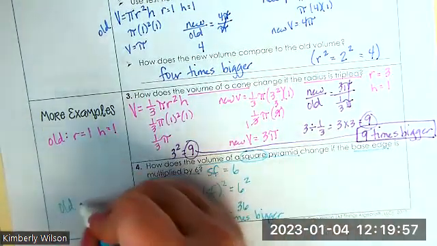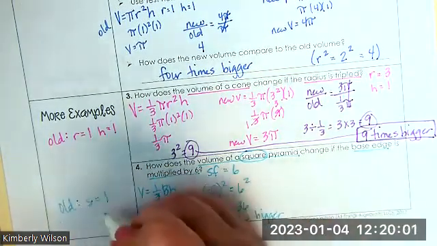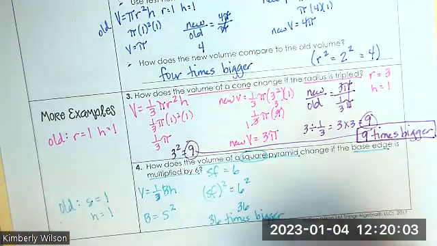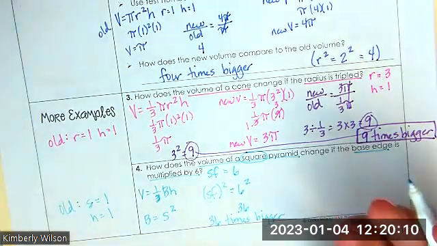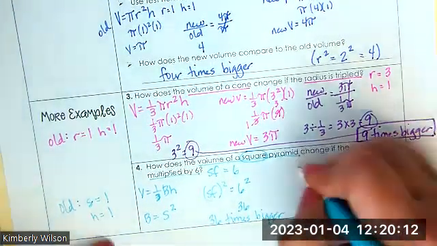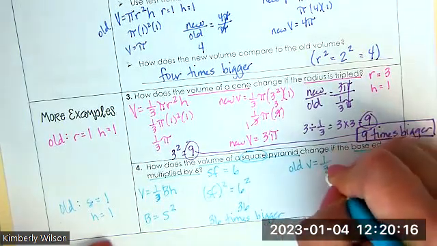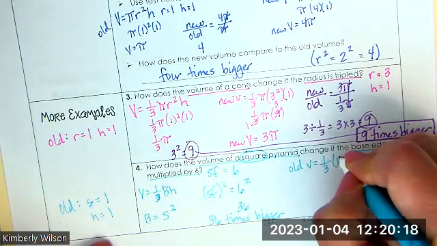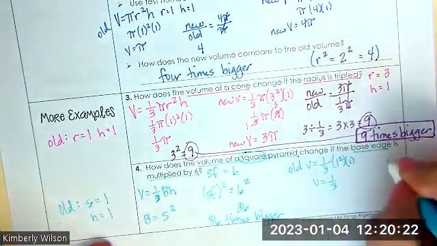For the old, the side is 1, and the height is 1. So therefore, it's just still going to be 1/3. The old volume would be 1/3, because we're doing 1 squared times 1. So it's just 1/3.